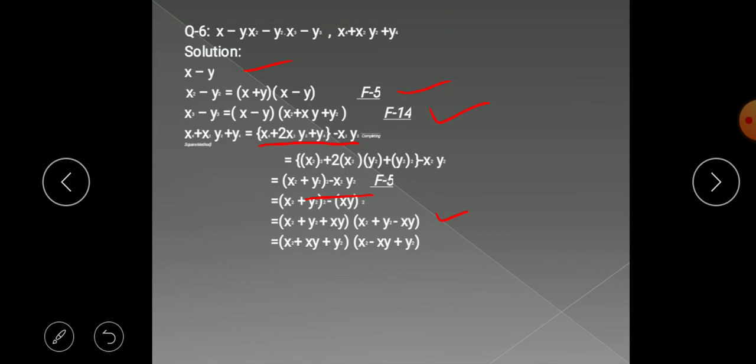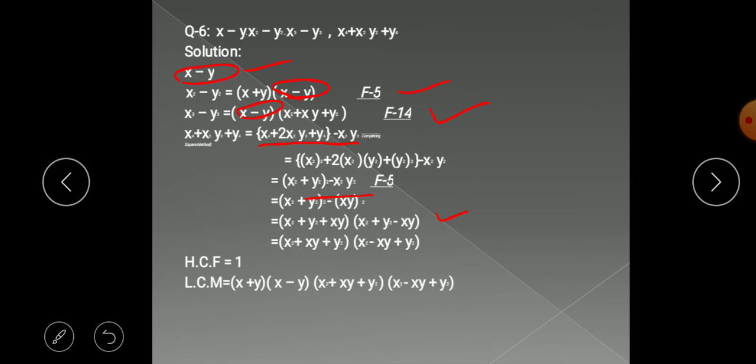So find the HCF. There is no factor or bracket or coefficient common, so that's why HCF is 1, and the LCM is this term. How have we found it here? This x minus y, this x minus y, and in the third term this x minus y, and this is common.